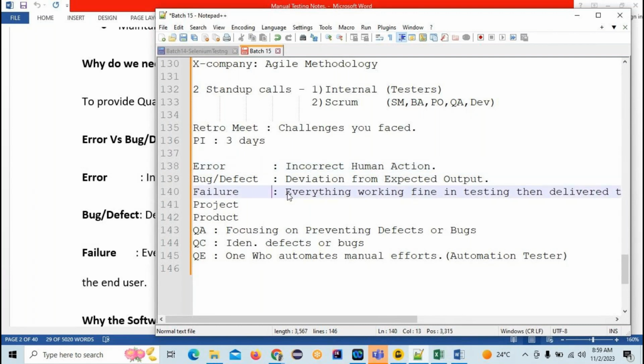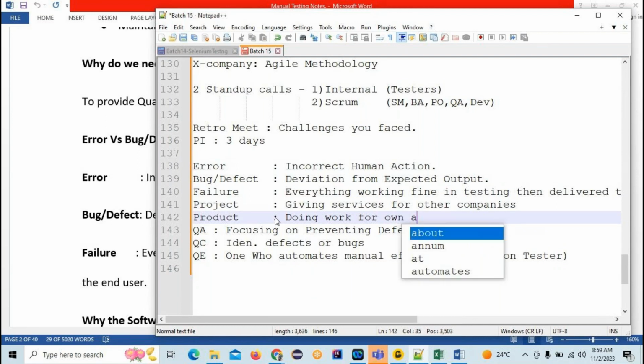Yes, sir. Project is nothing but getting services from another organization or company, giving services for other companies. Product is doing work for their own product, their own applications or products.